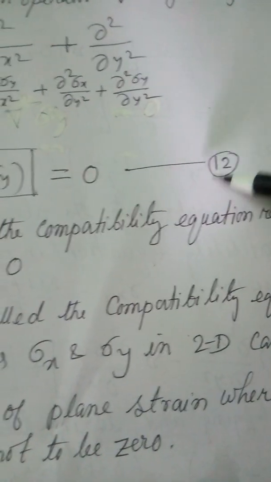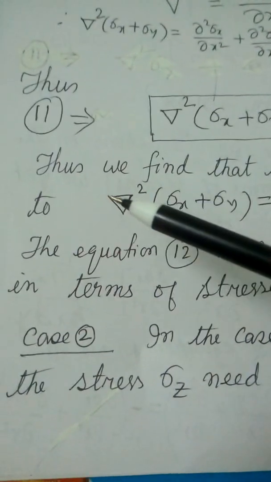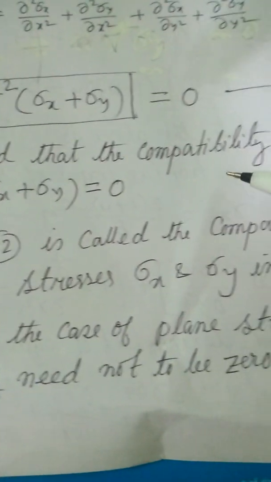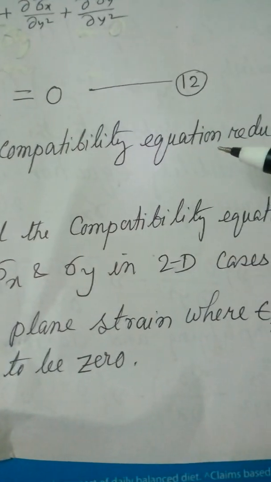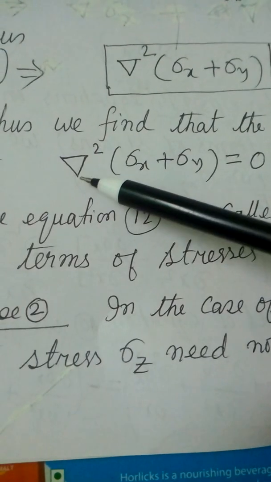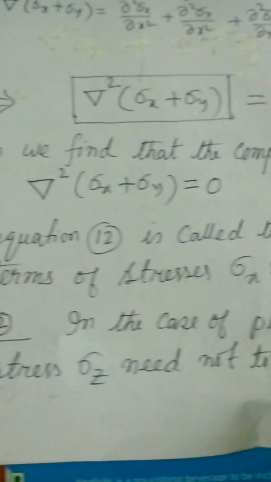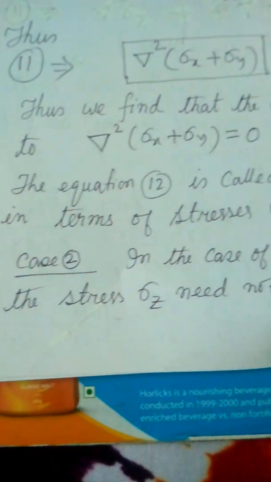This is number 12. Thus we find that the compatibility equation reduces to Laplacian of sigma x plus sigma y is equal to 0.